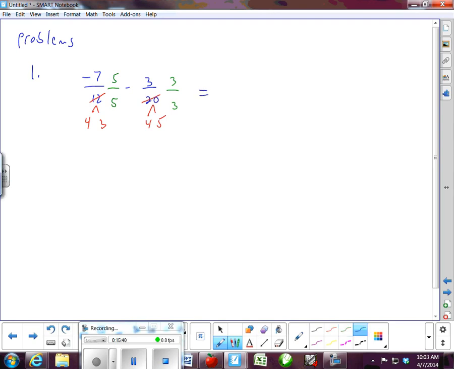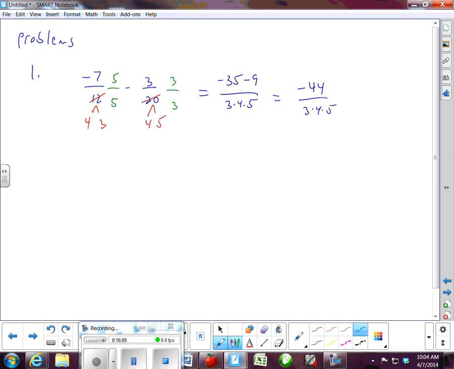So now remember, we're going to multiply the numerators, negative 35 minus 9 over the common denominator. And I can leave it factored for right now. It's a 3 times 4 times 5, or I can write 60. But remember, if it reduces, I'm better off in factored form. All right, let's add those numerators. 35 negatives and 9 more negatives is a negative 44 over a 3 times 4 times 5.